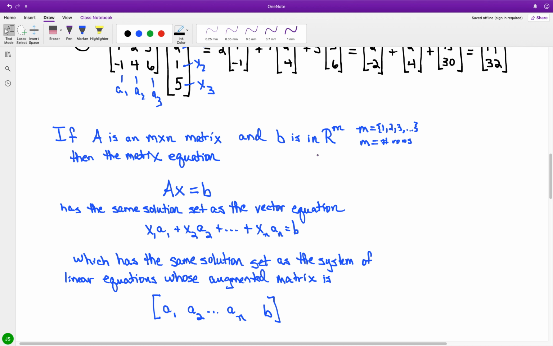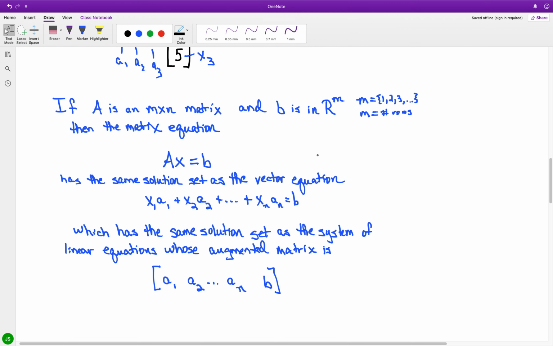Then the matrix equation Ax equals b is going to have the same solution set as the vector equation, which has the same solution set as the system of linear equations whose augmented matrix is [a1 a2 ... an b], where each subscript to a is in reference to a vector.